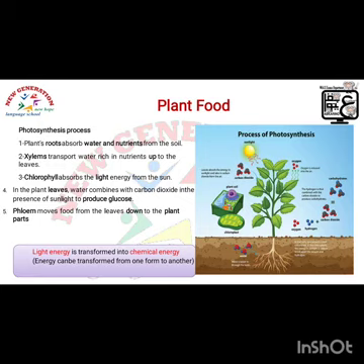Phloem moves food from the leaves down to the plant parts. Light energy is transformed into chemical energy. Energy can be transformed from one form to another.